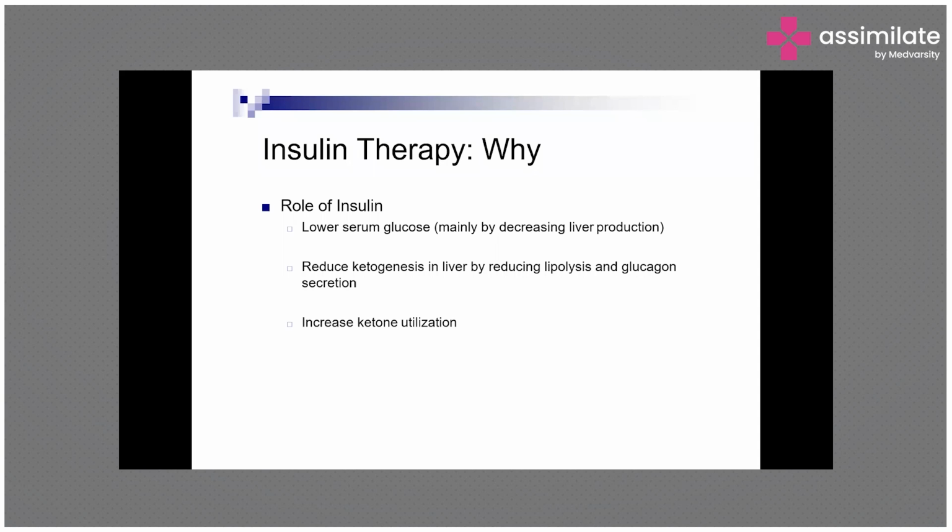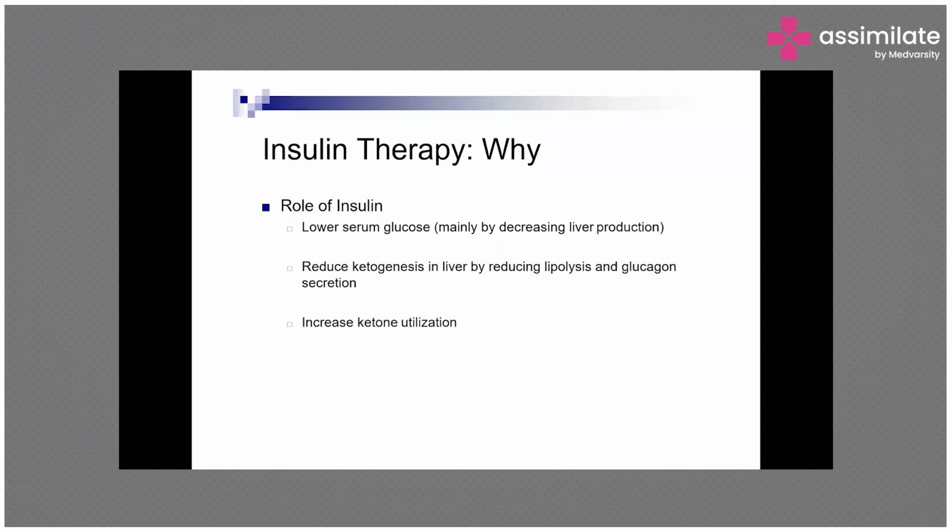Excess ketogenesis can be prevented, because when the insulin levels are low, there will be excess glucagon. Glucagon is also a counter-regulatory hormone for insulin, similar to catecholamines, which will try to antagonize insulin on most occasions. So we need to understand that insulin therapy is just to reduce the sugar levels, and it will also reduce the production of glucose by the liver.